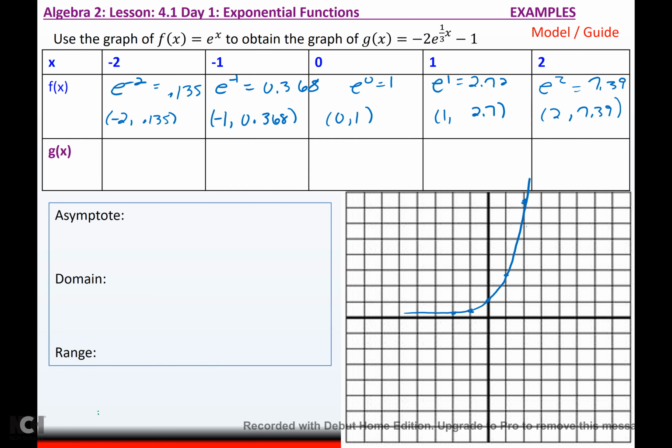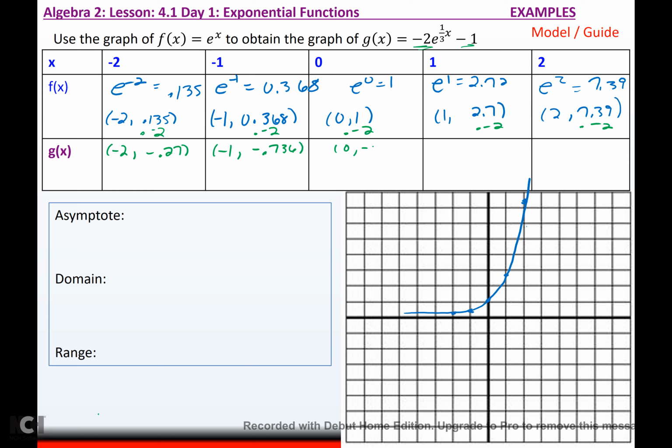Let's do the stuff on the ground first. That's the y. They want me to multiply by negative 2 and subtract 1. We've got to do it in PEMDAS order. So I'm going to multiply my y's by negative 2. So I have 0.135 times negative 2, negative 0.27. 0.368 times negative 2, I get negative 0.736.